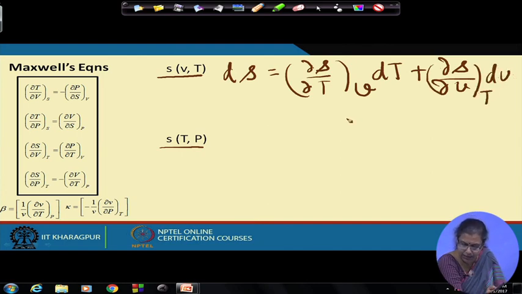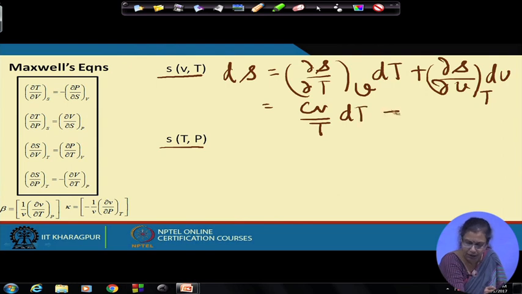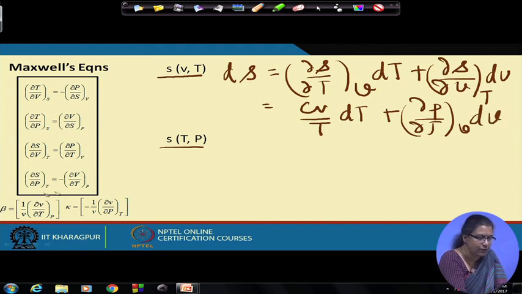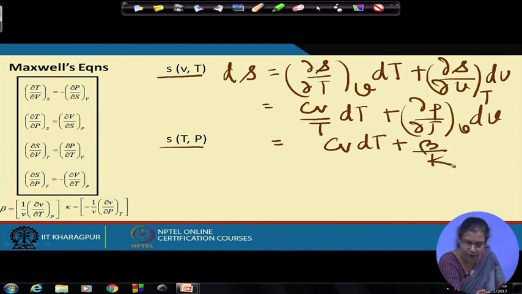In the last slide, I have already derived that this is equal to Cv by T dT plus del P del T at constant V dV. The Maxwell's equations have been written on the side so that you can refer to them. This can also be written in terms of beta and kappa. In that case, this becomes Cv by T dT plus beta by kappa dV, right?